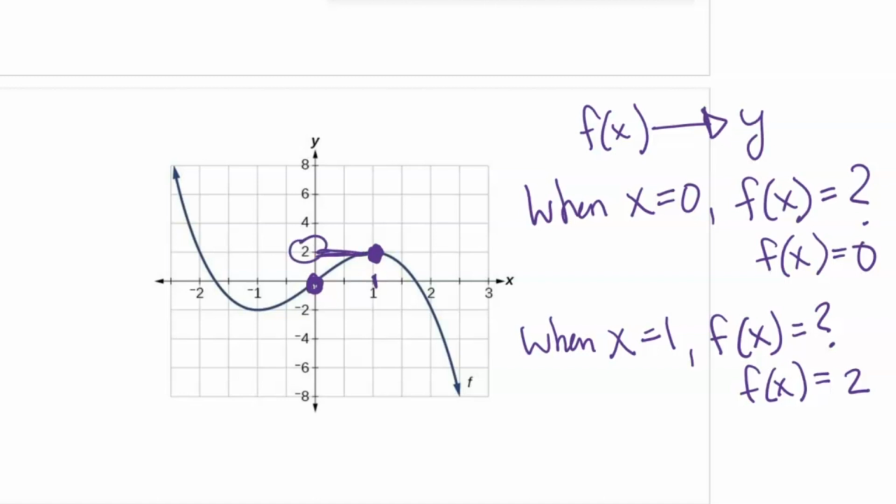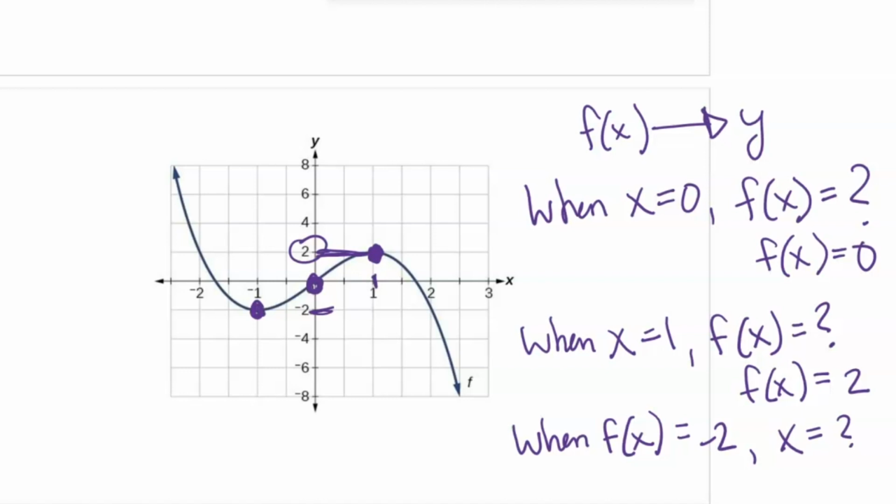It can also go the other way around. You might get a question that says, when f of x equals -2, x equals what? So then you're looking for when y is -2 on the graph, so that would be down here, and we find where that is on the graph. So we actually have 2 of these.